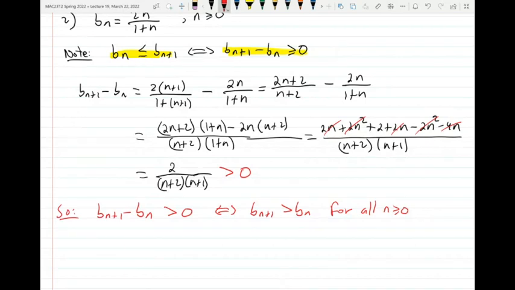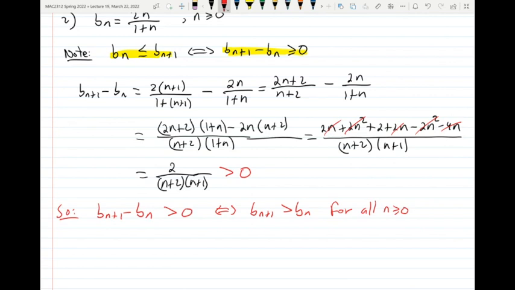Right? So what can we conclude about this sequence? Is it increasing or decreasing? It is increasing. So this is monotonic increasing because as you go deeper into the sequence, your terms are getting bigger and bigger. The next term is bigger than the previous one. The next one is bigger than the previous one. So, okay. If you would have gotten that this is less than 0, then it would be decreasing, because that means that the next term is smaller than the first one, right?